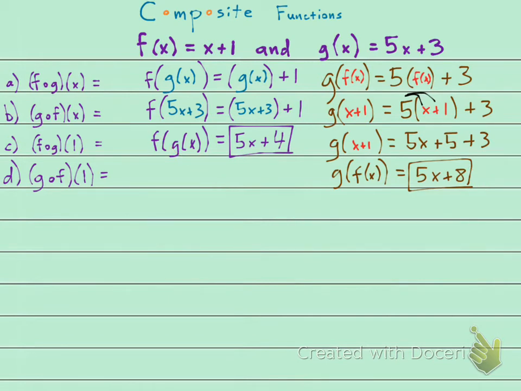Now, parts C and D are asking me to plug in the number 1 into the f of g, and then the number 1 into the g of f. So let me go ahead and write these answers here. The answer for part A is 5x plus 4, and the answer for part B is 5x plus 8.